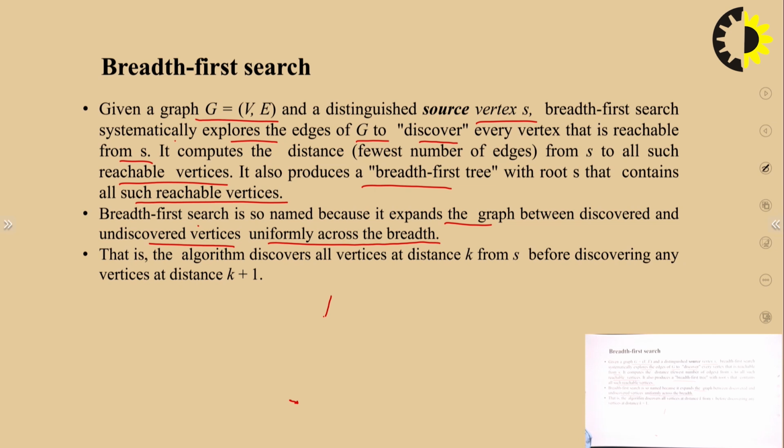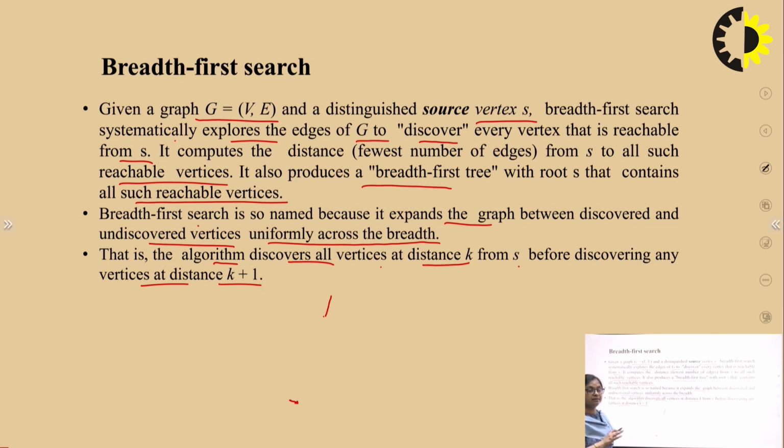What does it mean? It means the algorithm discovers all vertices at distance k from S before discovering any vertices at distance k plus 1. That is the concept of breadth.